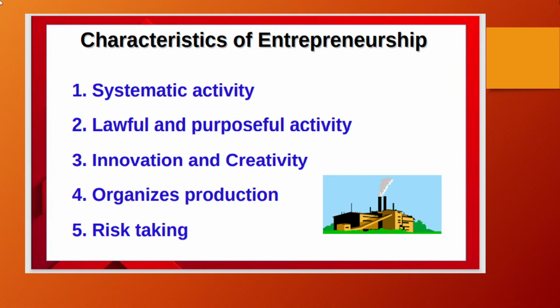Let us look at the second characteristic, which says it is lawful and purposeful activity. Now how do we explain this? Entrepreneurship aims to conduct a lawful business. The purpose of entrepreneurship is to create value for personal profit and social gain.